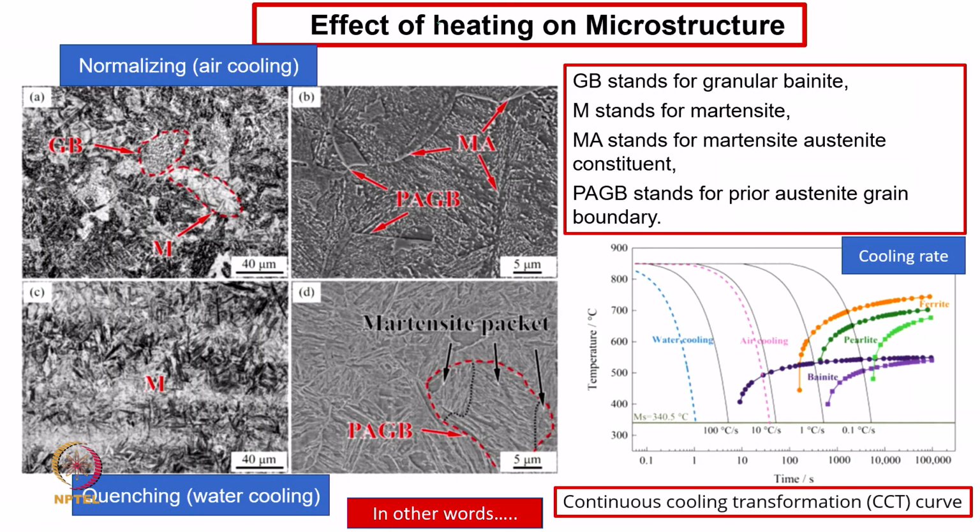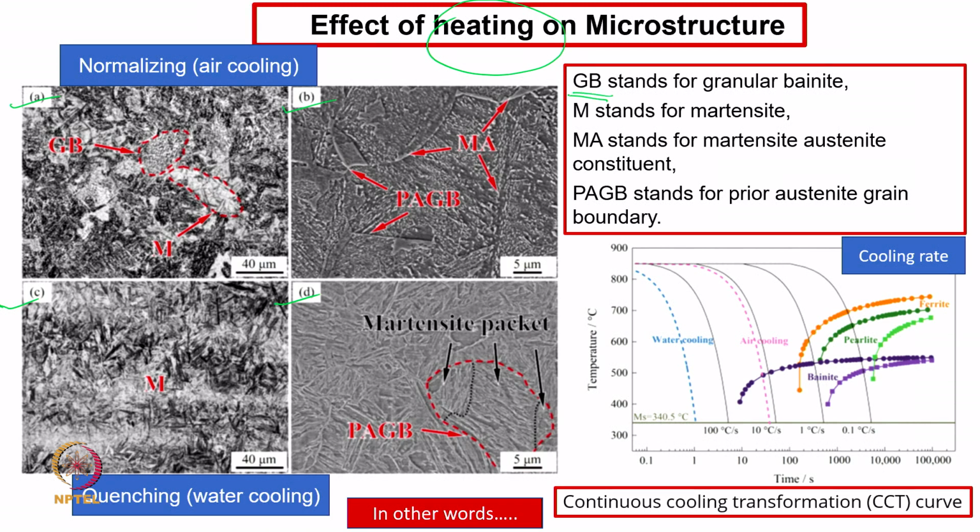We see the effect of heating on a microstructure, and then we are showing a diagram, figure 1, A, B, C and D. Here some terminology, GB, PAGB and martensite packet, has been mentioned. So, there is a need to expand or give a meaning of that.